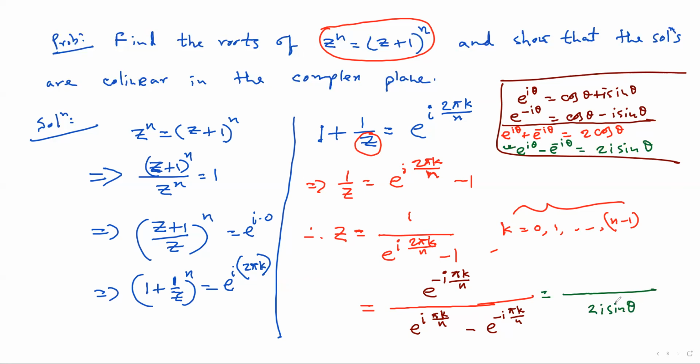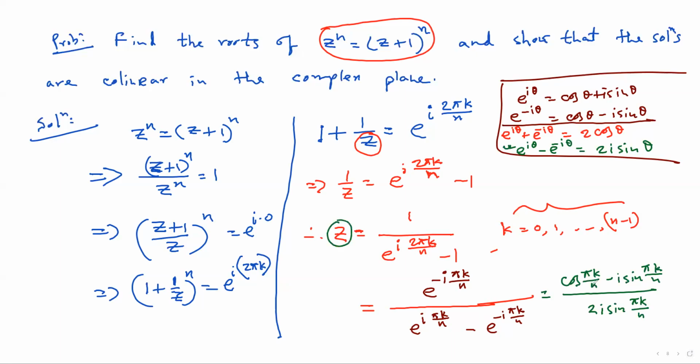We are not going to write theta here. Our theta is actually pi k by n. So basically, simplification becomes pretty shortcut here, right? And in the numerator, we just write cos pi k by n minus I sine pi k by n.